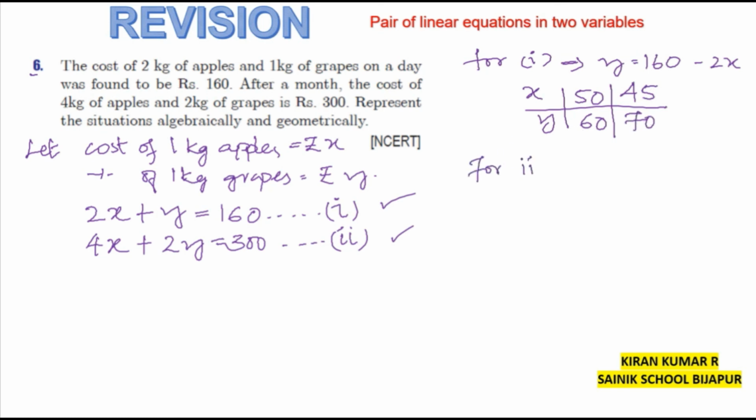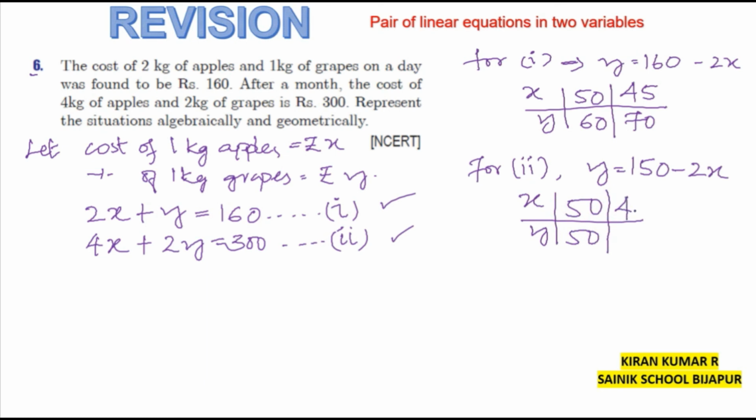For the second equation, we have y is equal to, I can take 2 common throughout, or else the 2 on the left hand side transposed to the right hand side becomes divided by, so it becomes 150 minus 2x. Find the value of x and y. When x value is 50, the value of y is also 50.